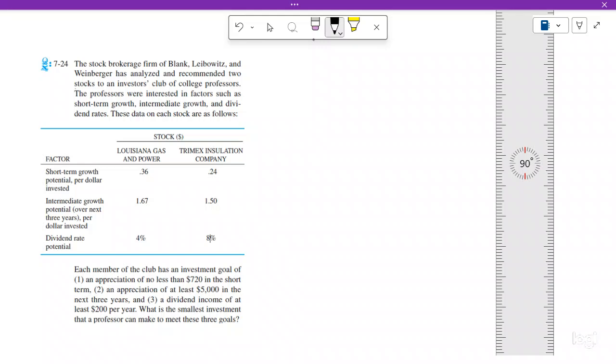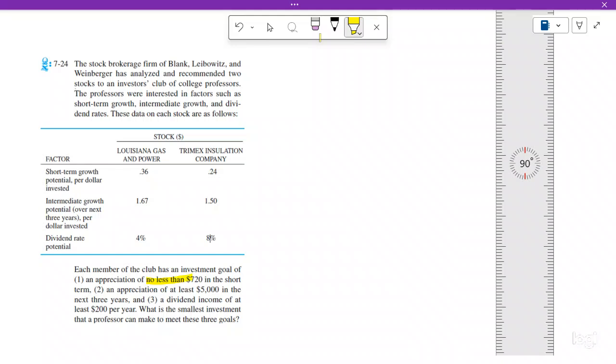Let me confirm it on the calculator. I'm getting 2994.01. Now the last point is for formula 3.